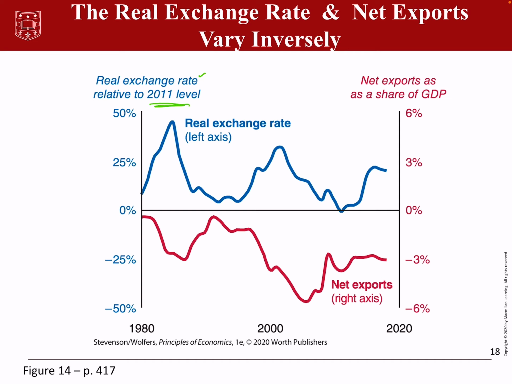So what do we observe? We can observe that when the dollar is appreciating in real terms, we see an erosion in net exports. When the dollar is depreciating in real terms, we see an increase in net exports. So appreciation in real terms, decline in net exports; depreciation in real terms of the US dollar, increase in net exports.